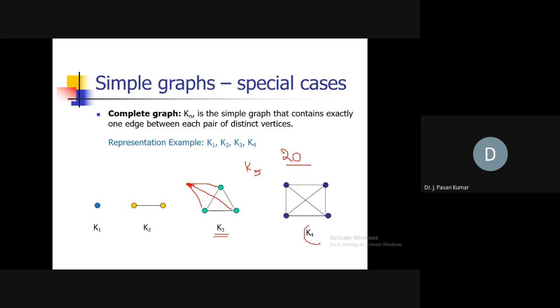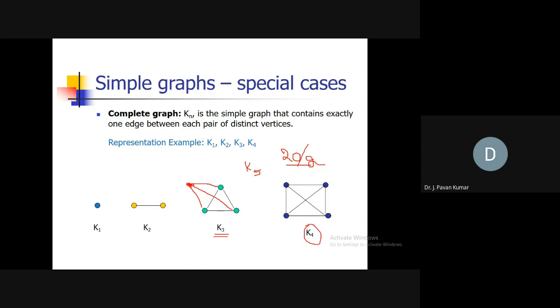Similarly, apply it for K4: 4 into 4 minus 1. Is it correct? For n vertices, it is n into n minus 1 by 2. Why?